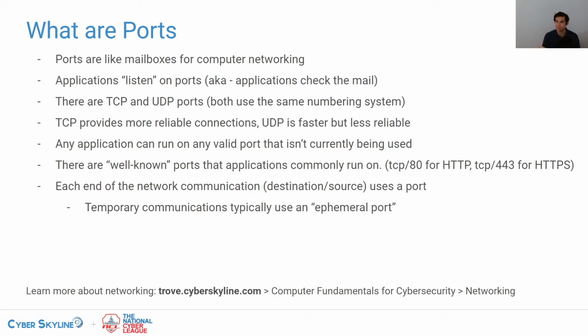And that's why you need to specify your IP address and you need to specify your port. Because if you only specify the IP address, then when the server sends the data back on the wrong port, your browser isn't listening for traffic on that port. And so the data will come back, no one will check the mail, so to speak, and the data will be lost.